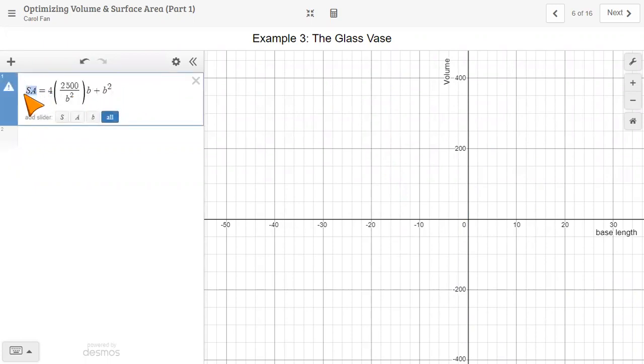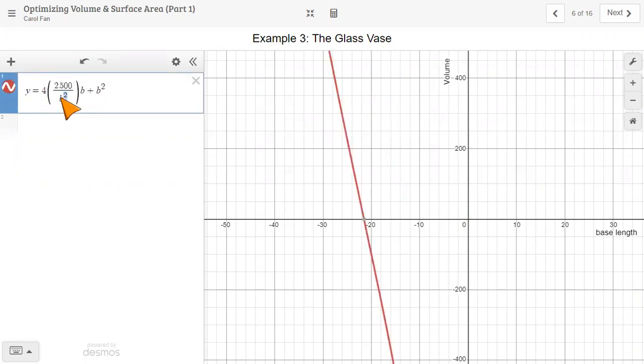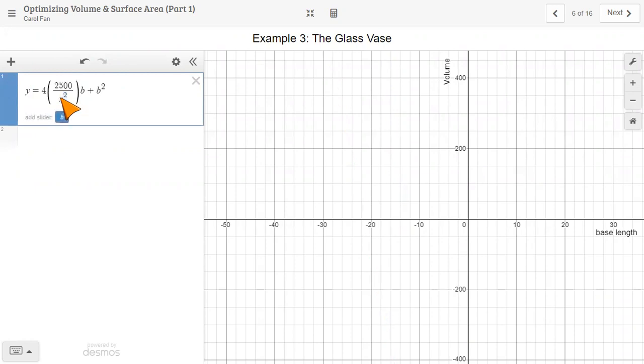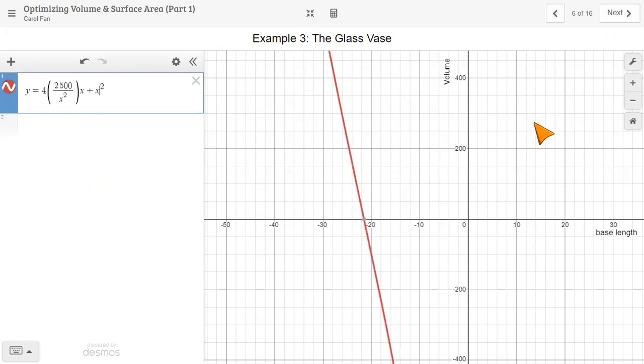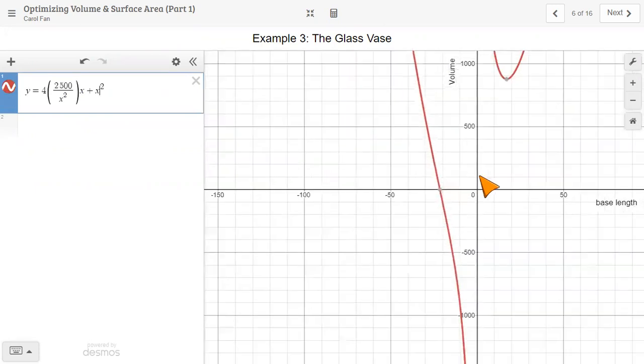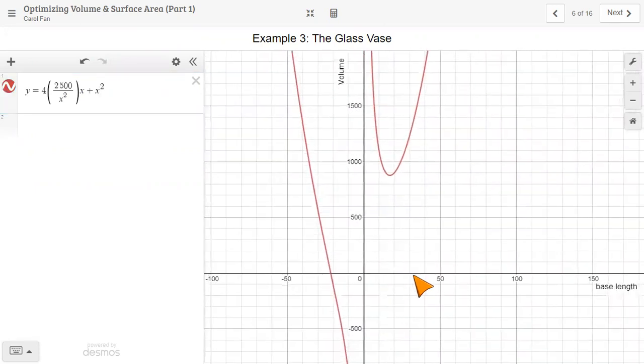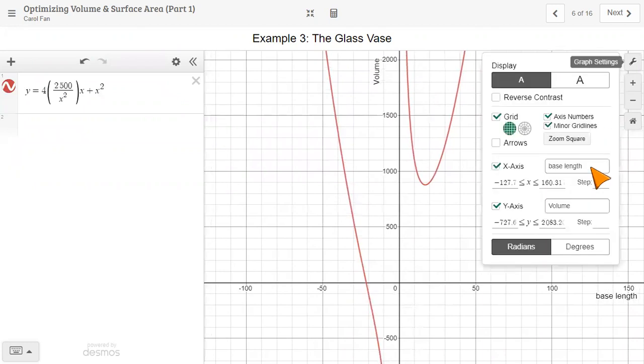Okay, we have to substitute it with x and y now. I'm also going to change the values of my x and y axis. I know that the x-axis is the base length, y is the surface area.